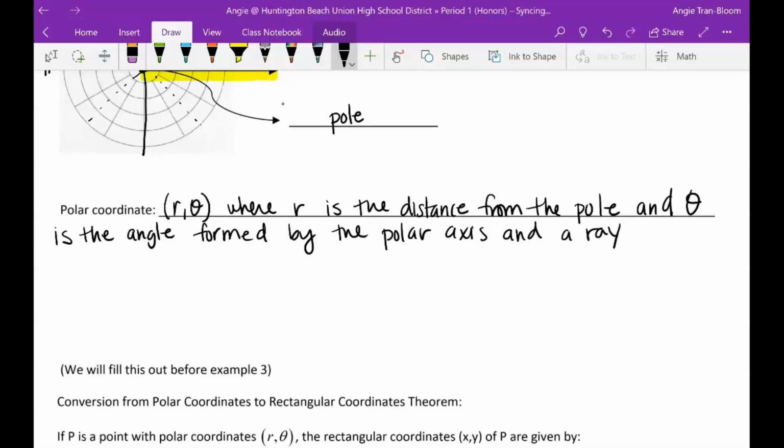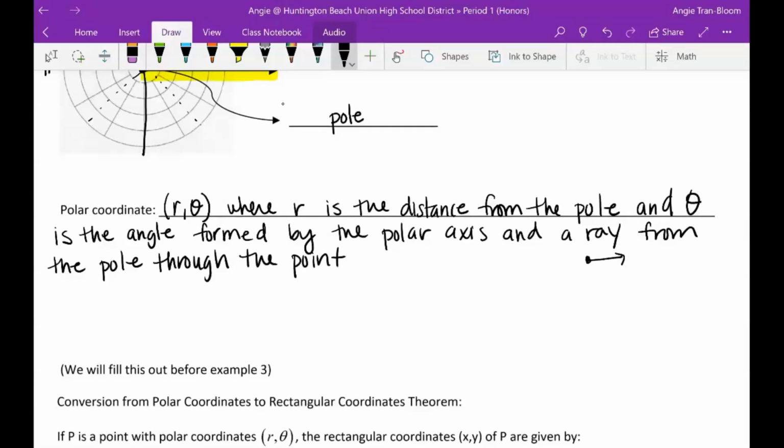A ray means that it starts on one side and it has an arrow on the other side. A ray usually means only one of the sides is going on forever. A ray from the pole through the point.